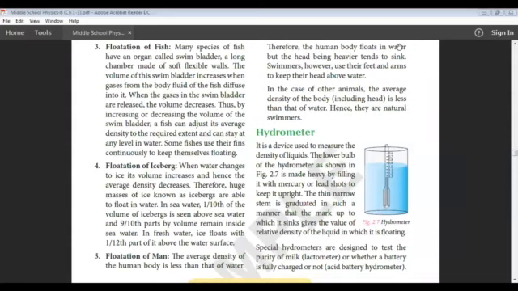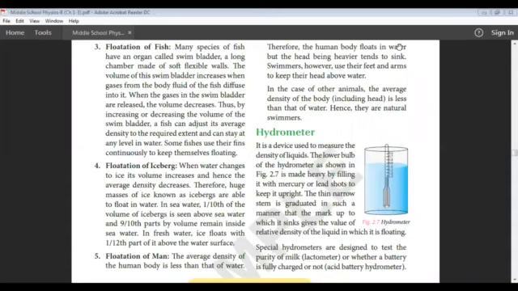And our next application is flotation of iceberg. See here, many times we can see that the icebergs float on the water. This is because of the less density of the ice. See here, the density of ice is lesser than the density of water. So therefore, the icebergs float on the water.